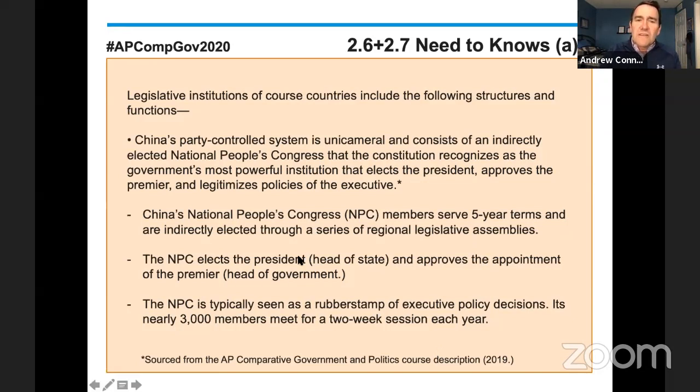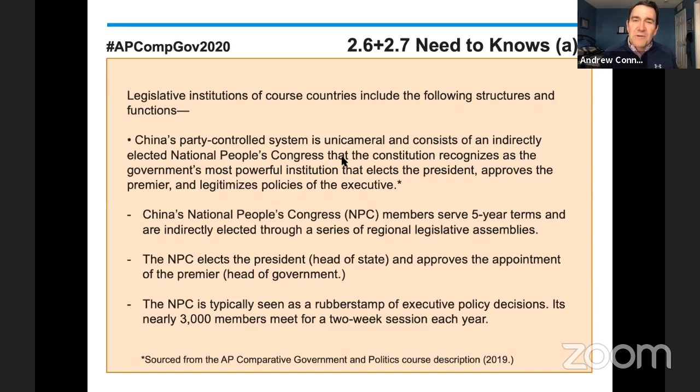With China, you should definitely know that China is unicameral, and the name of that unicameral legislature is the National People's Congress. It's almost 3,000 members. It's enormous, which also reflects the very large population of China. When you read the Constitution of the People's Republic of China, it indicates that this national legislature is the most powerful governing entity in China.